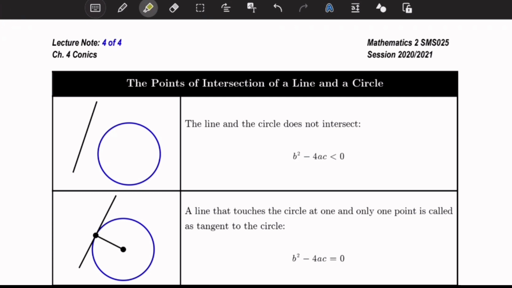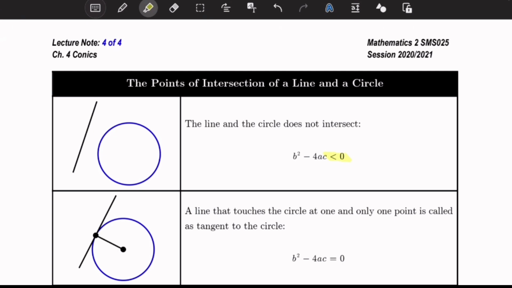So now let's proceed to find the point of intersection of a line and a circle. A line and a circle are said not to intersect each other if the discriminant b squared minus 4ac is less than 0.